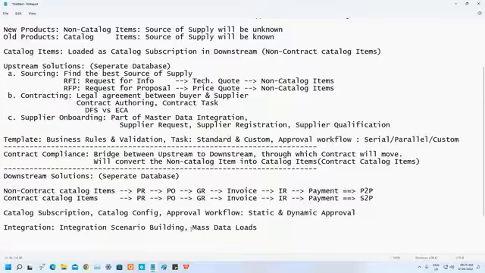Okay, Manoj. So what happens with commodity code in Ariba? UNSPSC commodity codes are used. United Nations Standard Products and Services Code. It's a standardized set of commodity codes, nothing else.